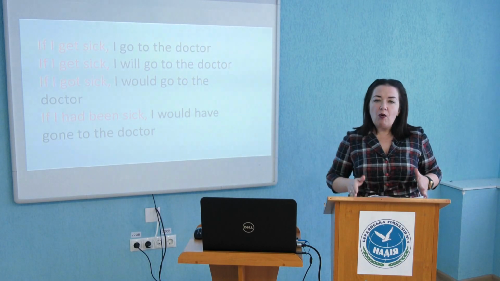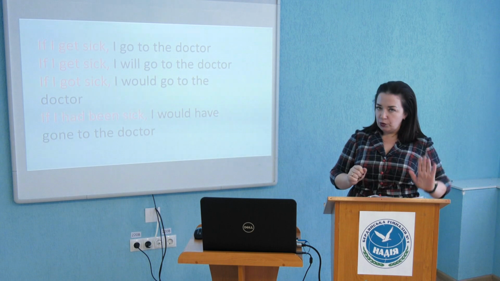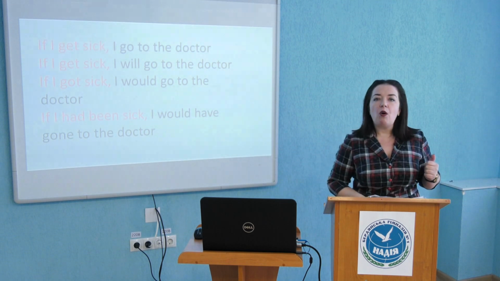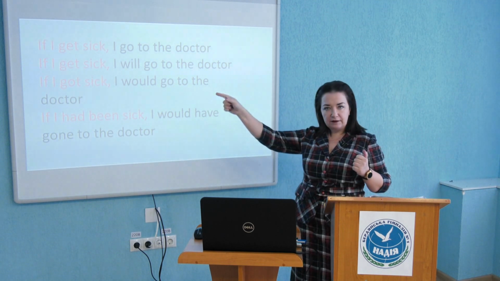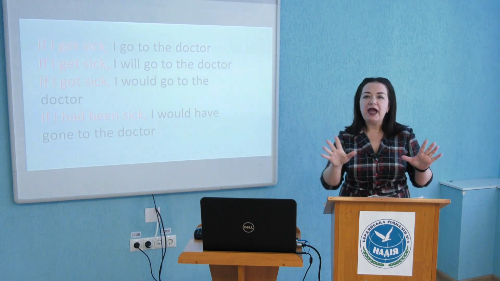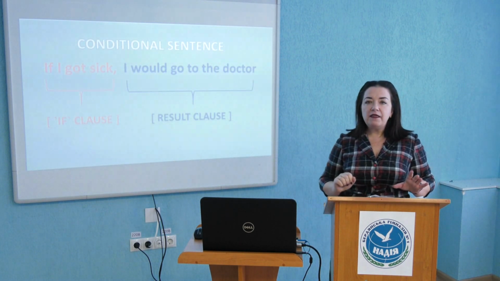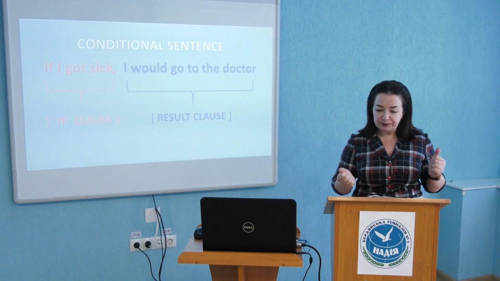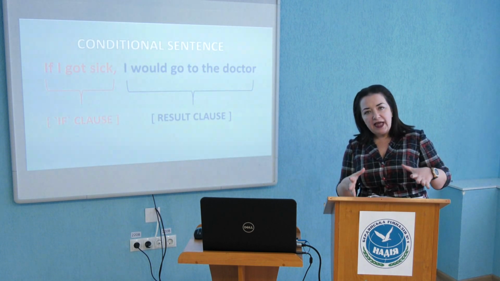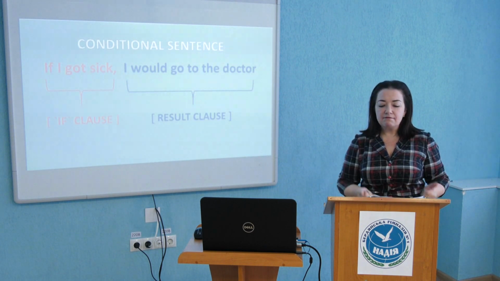First of all, they all use 2 clauses. I mean, there are 2 parts to each sentence, separated by a comma, and they all use the conjunction if. As you see, in all conditional sentences, we have an if clause and a result clause. The if clause is the event or situation that must happen in order for another action to happen.